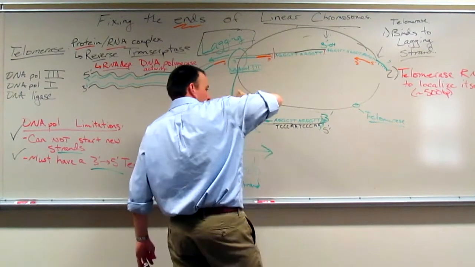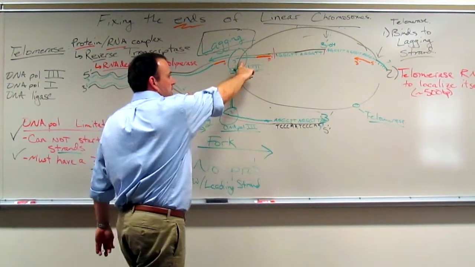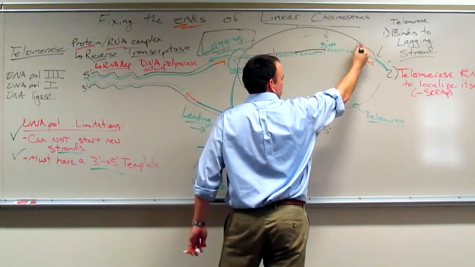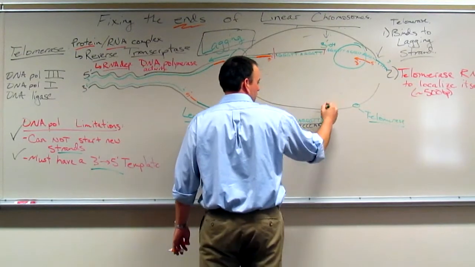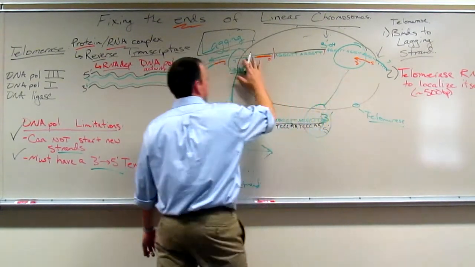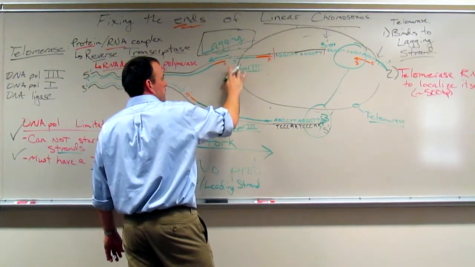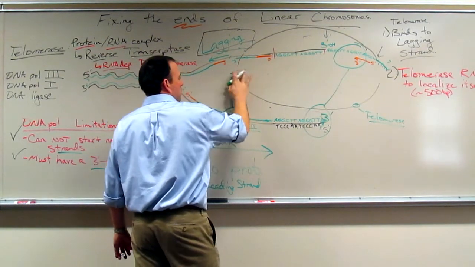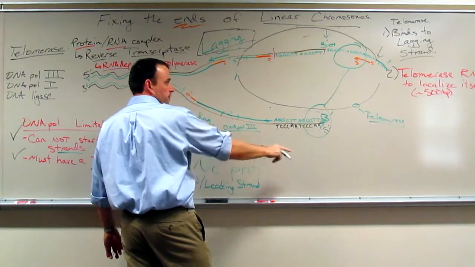As this fork, the DNA replication fork, continues to move to the right, this DNA polymerase 3 molecule eventually is over here on the 3' end. So all this DNA polymerase has translocated to the right as it moves down the linear chromosome in the direction of the fork.